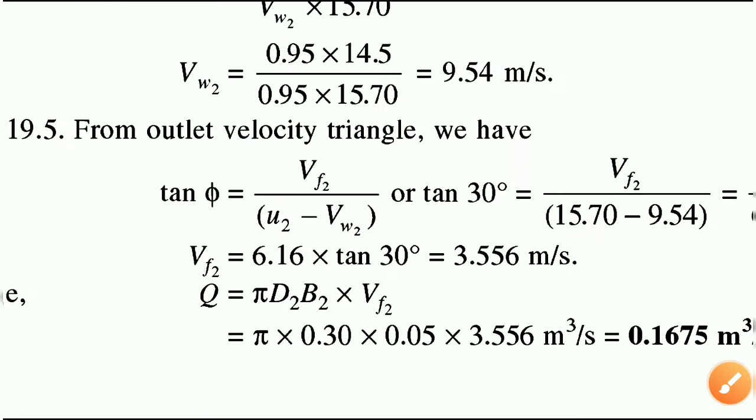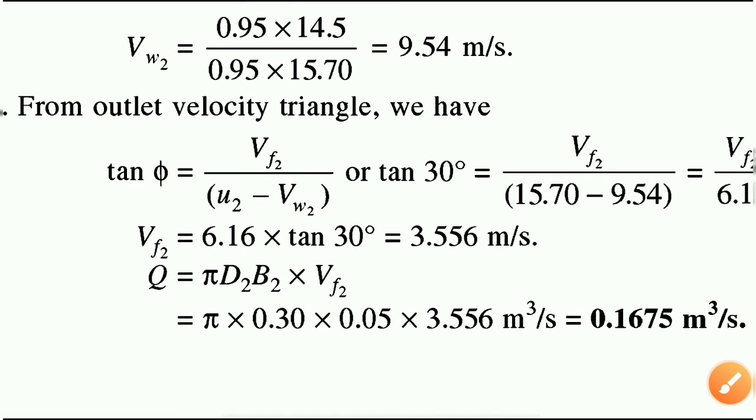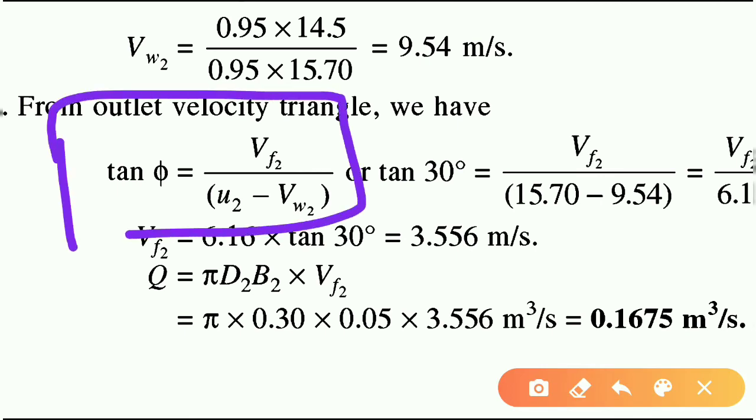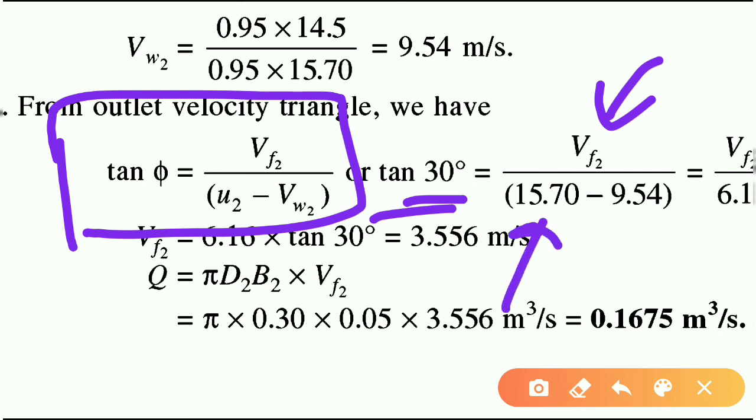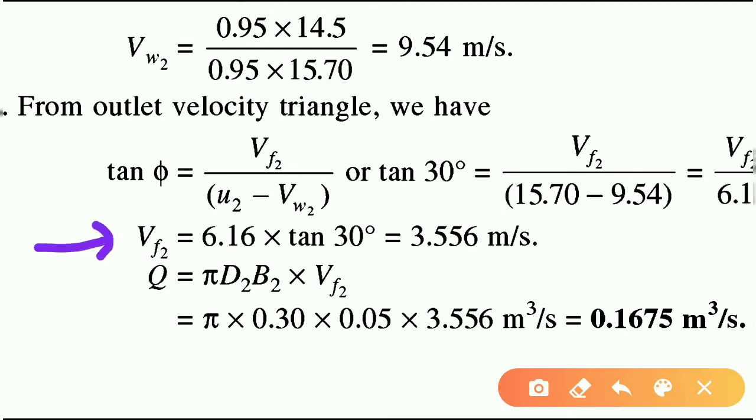Now using the same outlet velocity triangle, the expression for tan phi is Vf2 divided by u2 minus Vw2. Here tan phi is tan 30, Vf2 we need to find out, u2 we have found out above, Vw2 we have found out as 9.54. So using this we can find out the value of Vf2 as 3.556 meter per second.